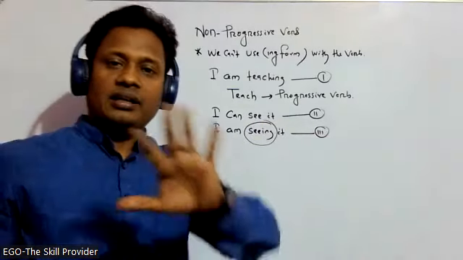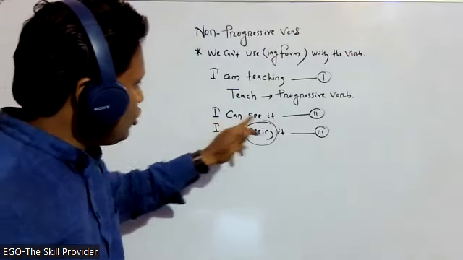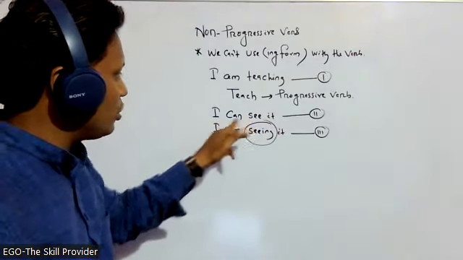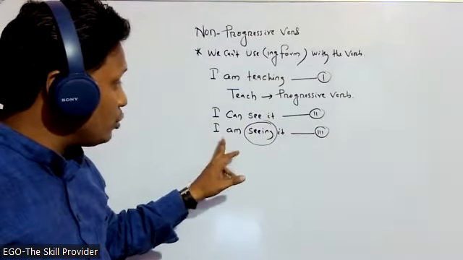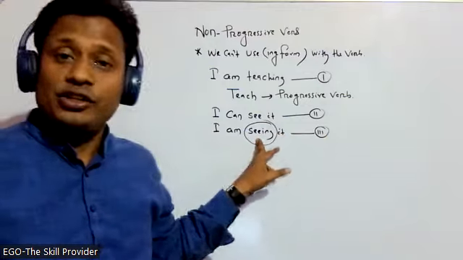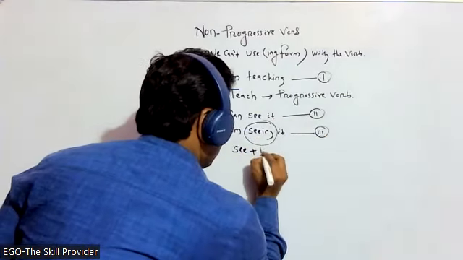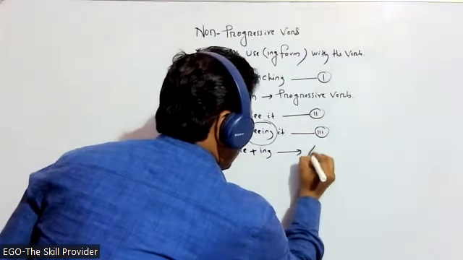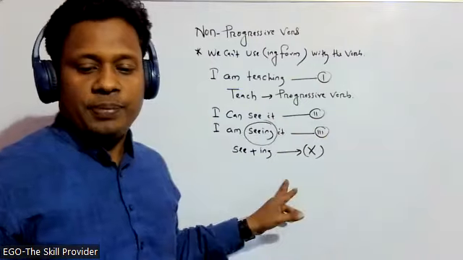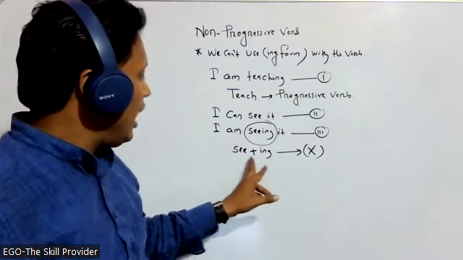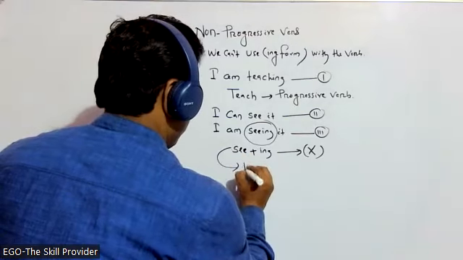This is the introduction part. Don't worry. I can see it. Here you can use I can see it, I can teach, all the things. But can you use see with ing? See plus ing is not possible. So we call see a non-progressive verb.